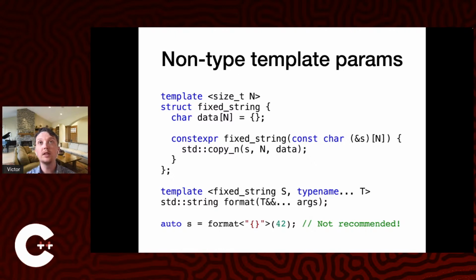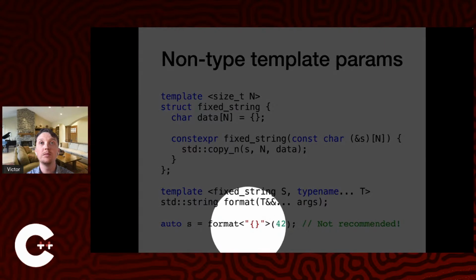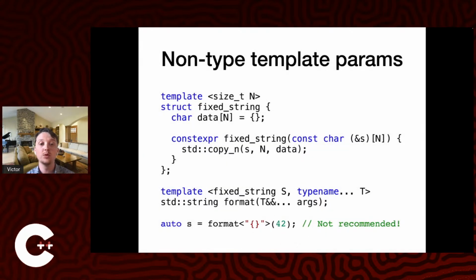So we could do this in the format API, but it would result in quite an awkward API where the format string would be passed as a template parameter, and arguments would be passed separately. It would interfere with argument indexing. So we don't do this in fmt. This is mostly for illustrating how we could use NTTP.